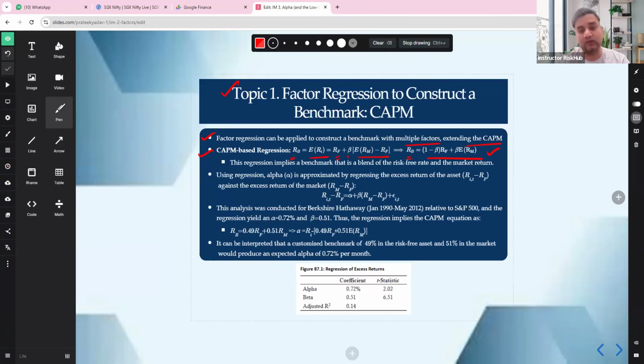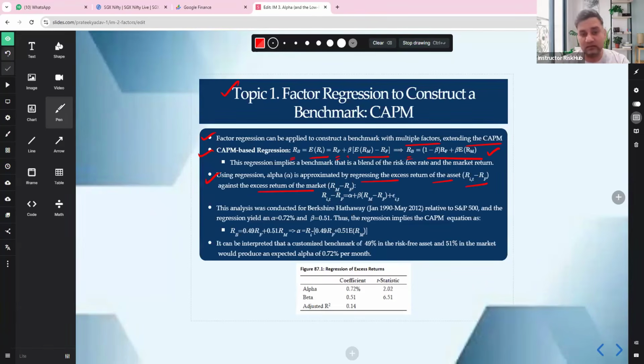Using regression, alpha is approximated by regressing the excess return of the asset, RIT minus RF, against the excess return of the market, RM minus RF, right? So okay, if this is becoming confusing, let me take a simple example.